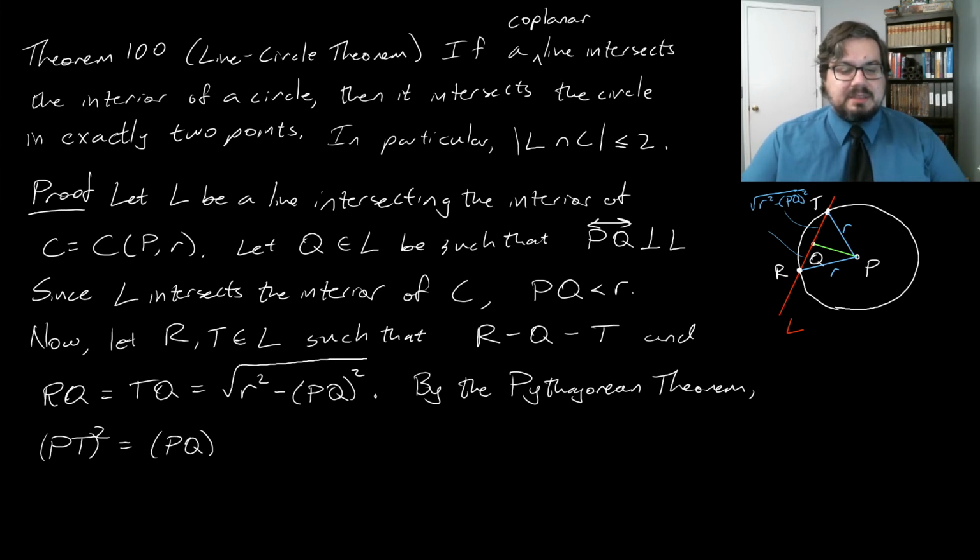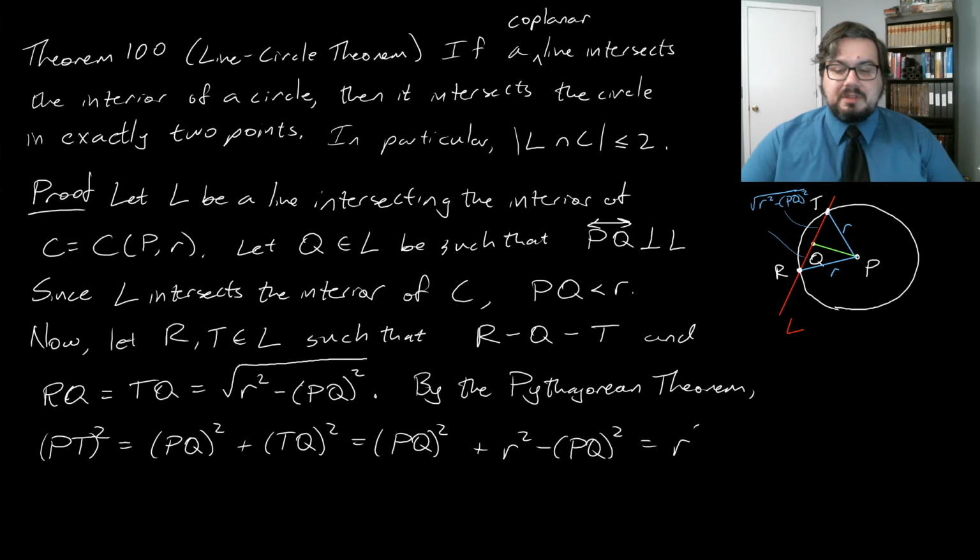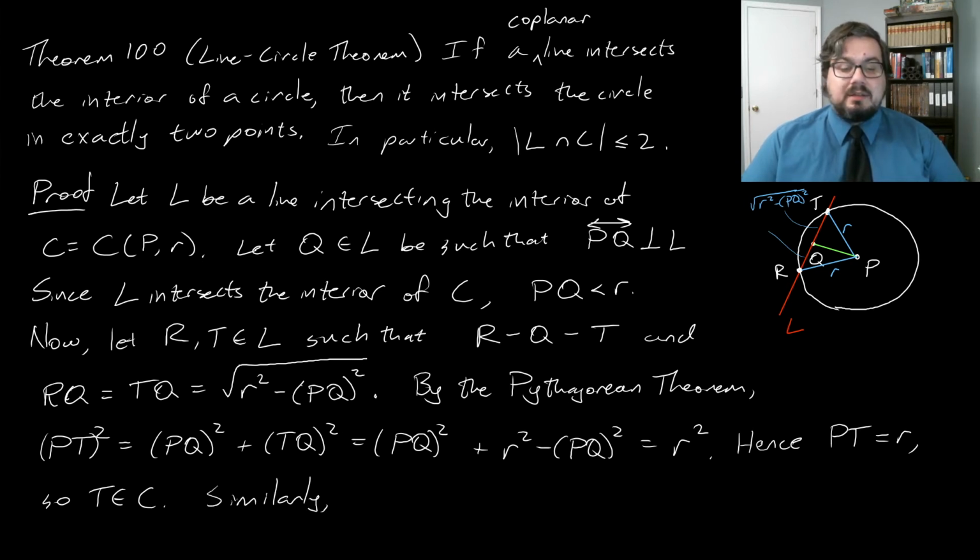So it's going to be PQ squared plus TQ squared. We've constructed TQ so that TQ squared is r squared minus PQ squared, and therefore this all winds up just being r squared. Hence, because all numbers in sight are positive, PT actually equals r, so T belongs to the circle C. And completely similarly, R belongs to the circle C.